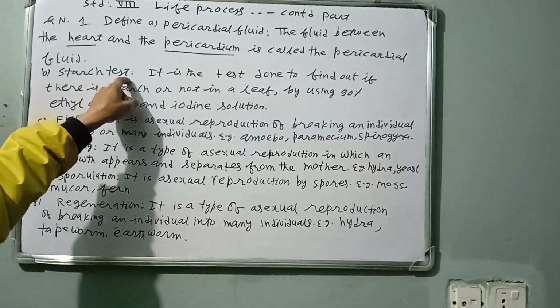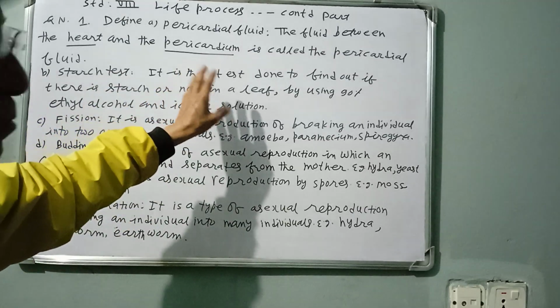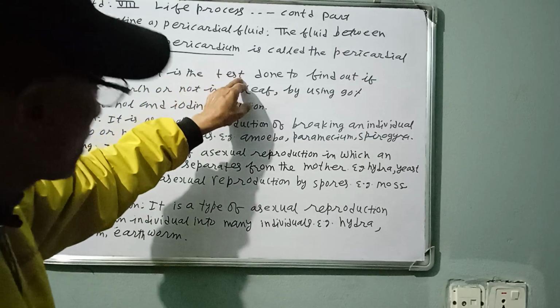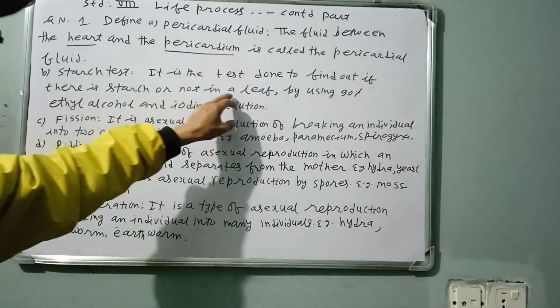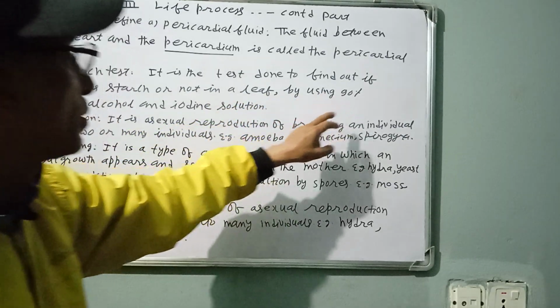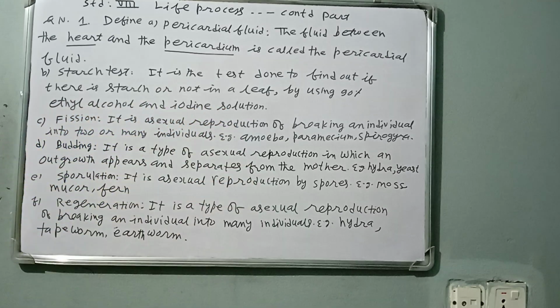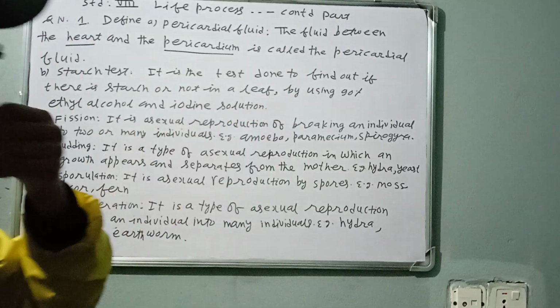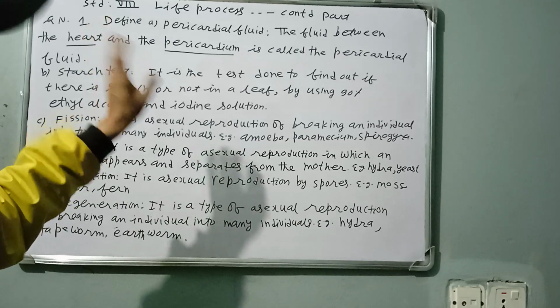B. Starch test, especially whether the green plants can make food or not. It is the test done to find out if there is starch or not in a leaf. How to do it? By using 90% ethyl alcohol and iodine solution. Can you say what are the two things which are necessary to perform the starch test?